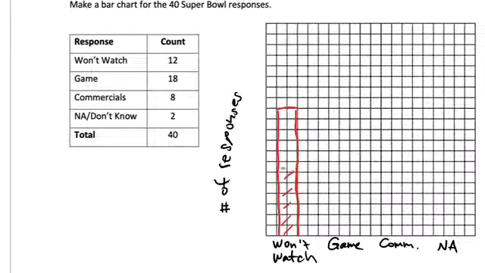Color it in. So all my other bars should be 2 boxes wide and there should be space in between. So I'm more interested in watching the game. That's 18 responses. So I need to count up. Draw that in.